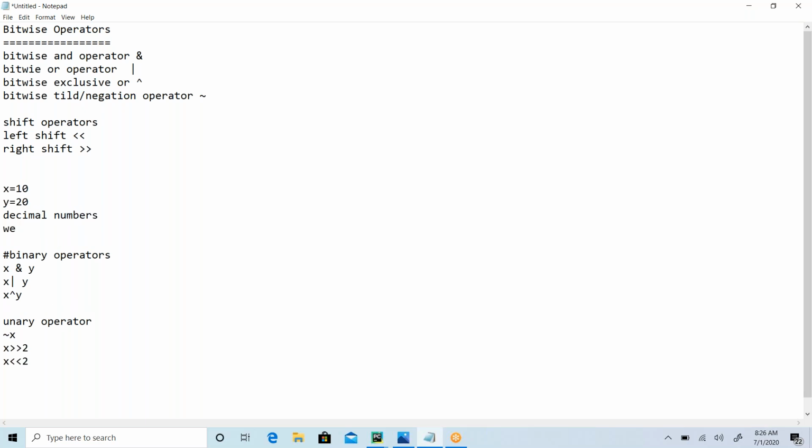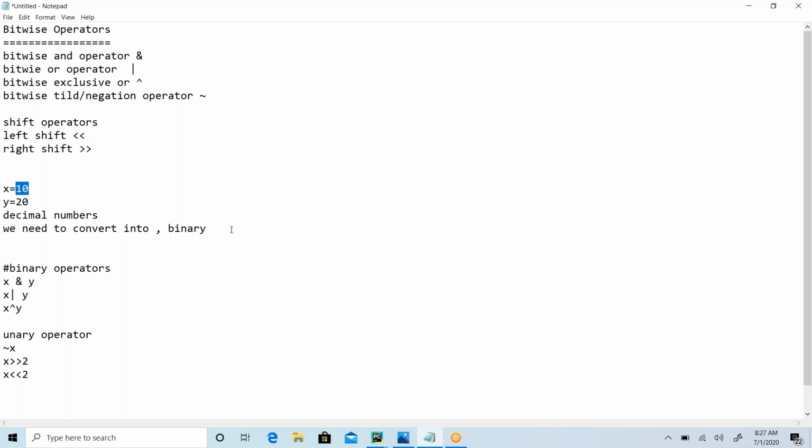Now we need to convert these into binary. When you convert it, what is the equivalent representation? In general we represent in 8 bits, and 8 bits is nothing but 1 byte.